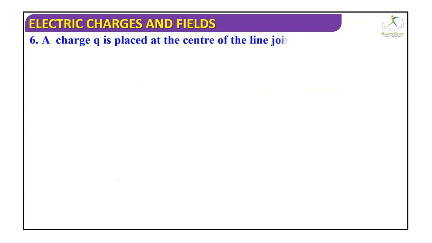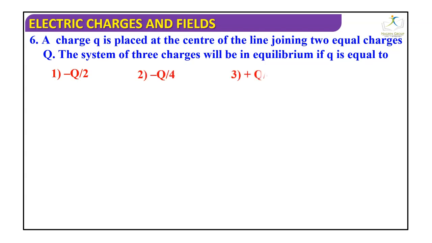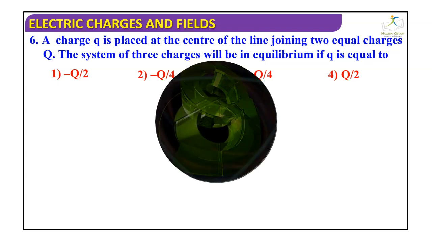Next we have a charge Q placed at the center of the line joining two equal charges Q. The system of three charges will be in equilibrium if Q is equal to. We have options. So try to solve this particular question.